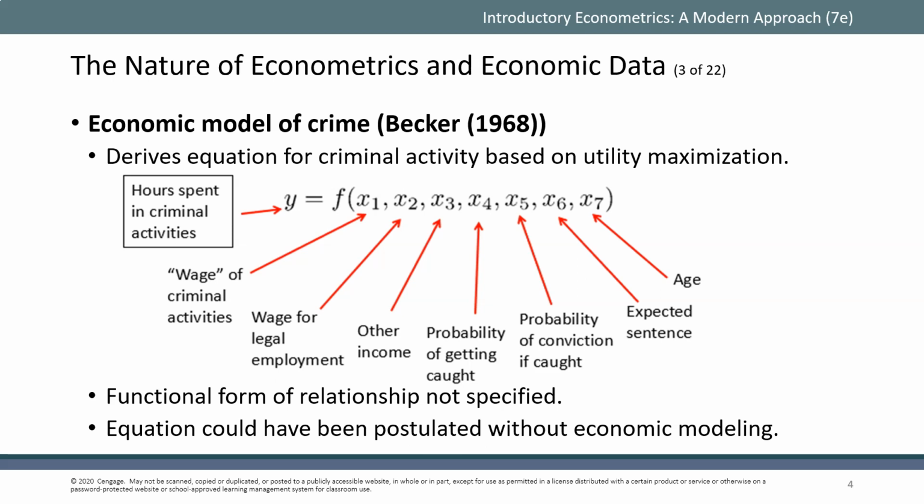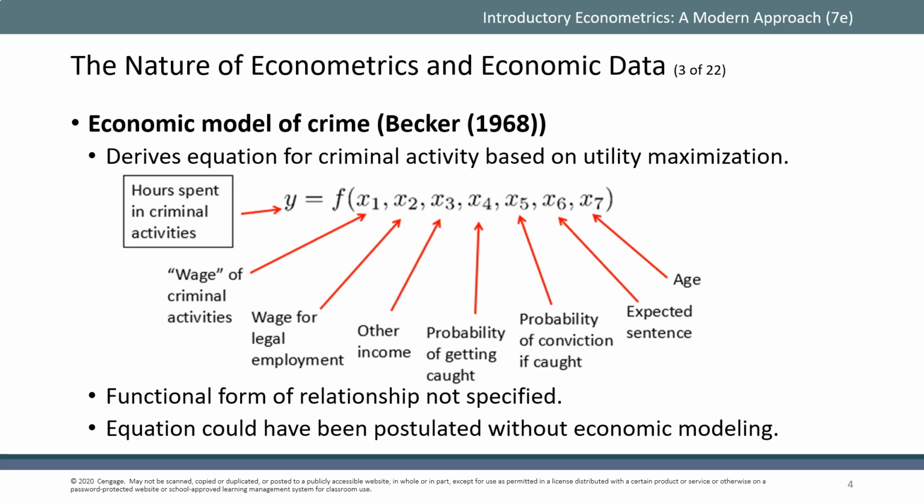This is the first way of building an economic model, and then you arrive at some of these equations or some of these determinants of criminal behavior in your model. That's the first way of building an econometrics model.